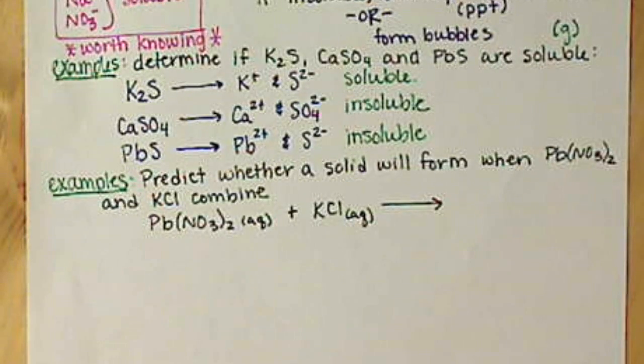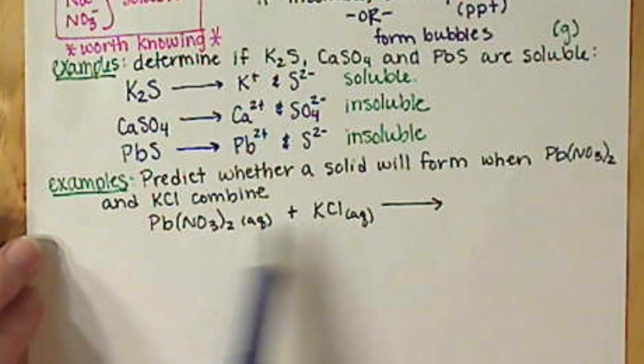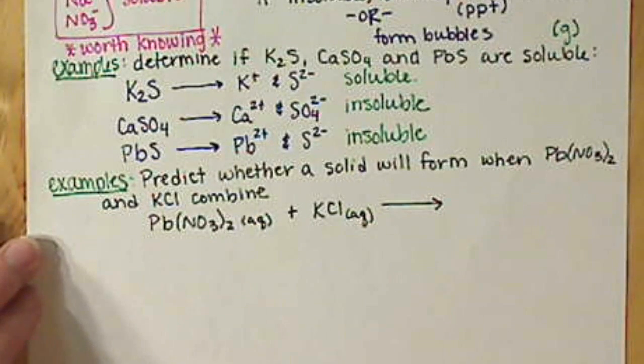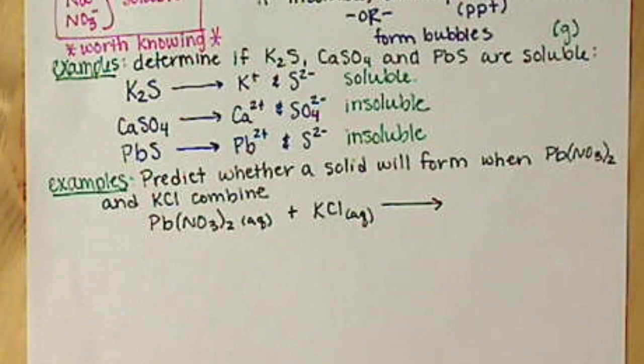So we have to figure out what our products are. How we do that is we have to be able to identify what type of reaction this is. That stems back from chapter 6, I believe section 6.2, which we skipped, but we're now going to start covering it in this section, and we'll also cover it for your lab for chapter 8.